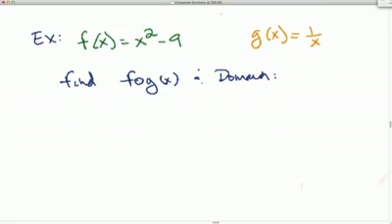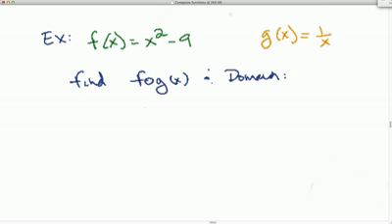Alright, let's look at this next example. We've got f of x is that, and we want to plug in g of x. Ooh, I think I did this backwards. I wanted you guys to do g of f of x. Sorry, that was my fault. So that means we're going to plug in f of x everywhere we see an x in g of x.